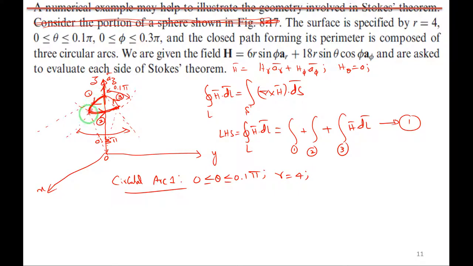Phi is 0, because phi starts from 0 to 0.3 pi. If I consider circular arc 3, it is 0.3 pi. But here it is circular arc 1, so with respect to phi it is 0. Phi is measured from 0 to 0.3 pi like this, right? So it's 0 here. I hope you understood. Okay, with this in mind we'll try to evaluate.